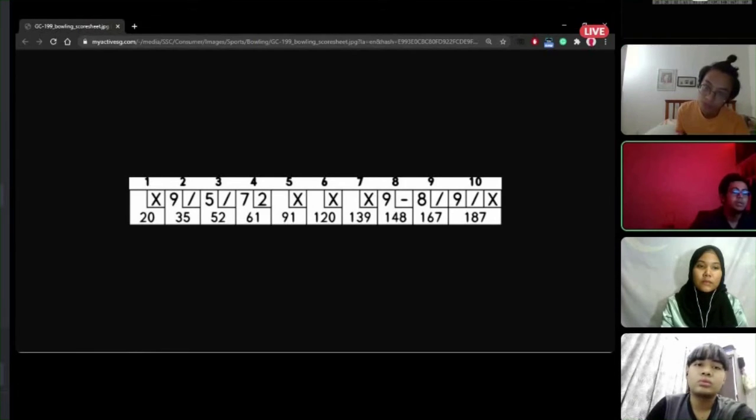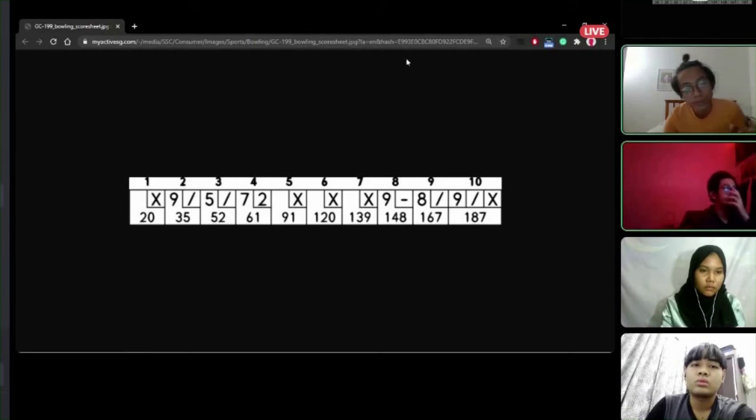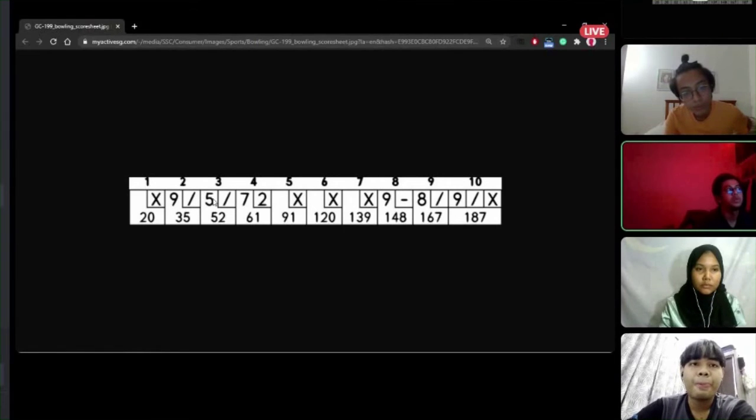The system of addition in bowling is quite simple if you understand what I say. If we get a spare, shown with this slash symbol, it will add the next ball thrown in the next frame, only the first ball thrown. But if you get a strike, you add the total of the next frame.